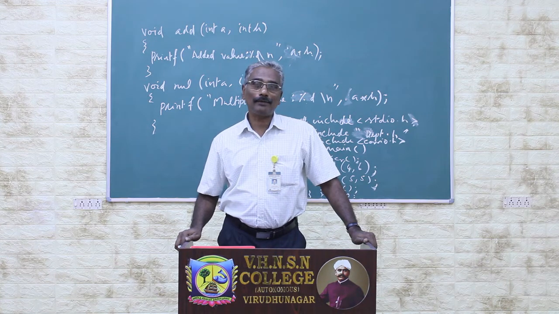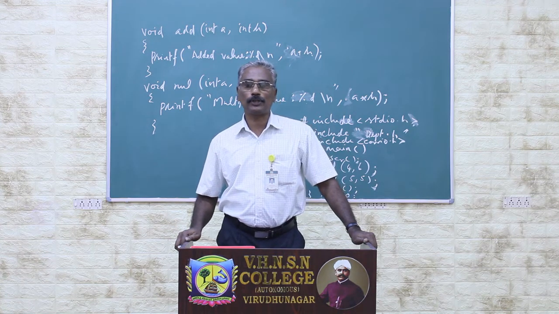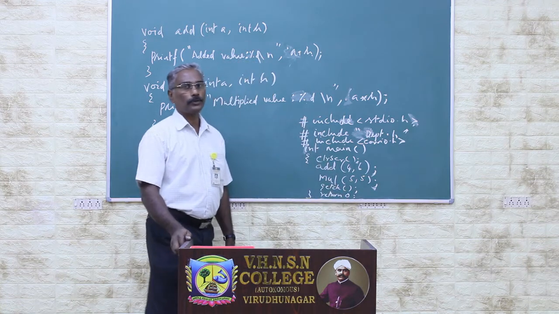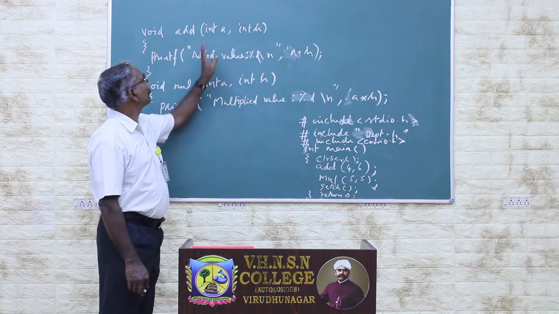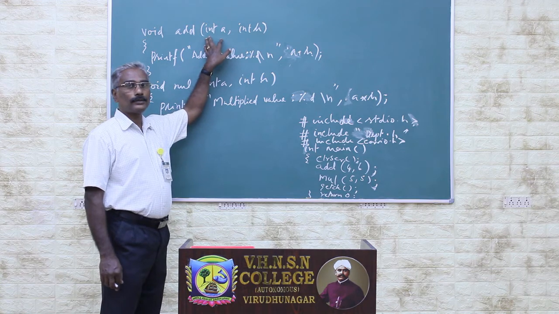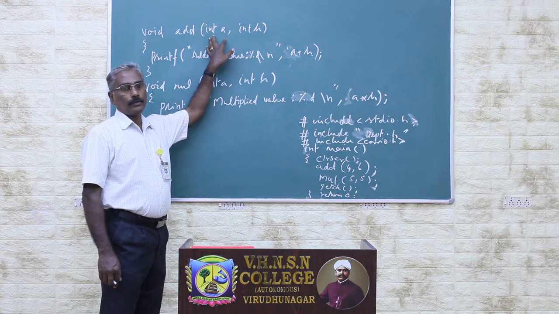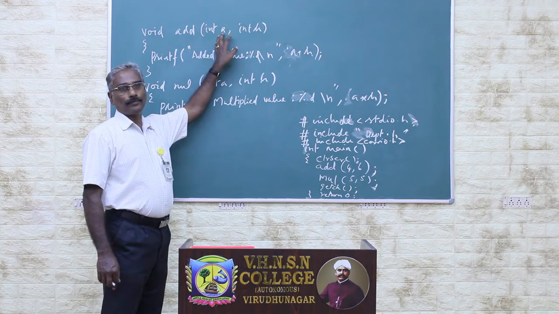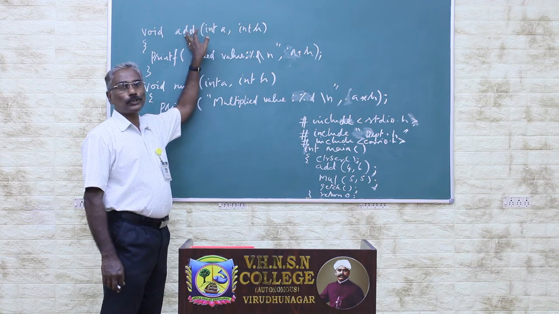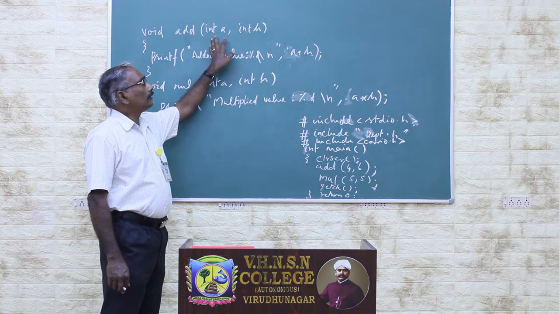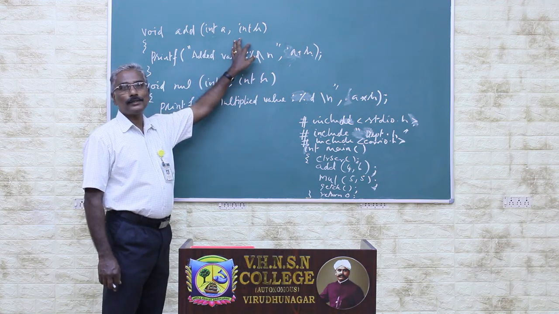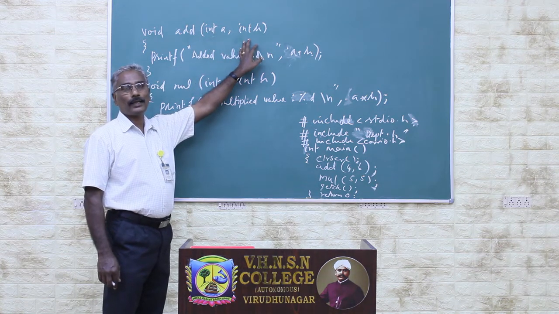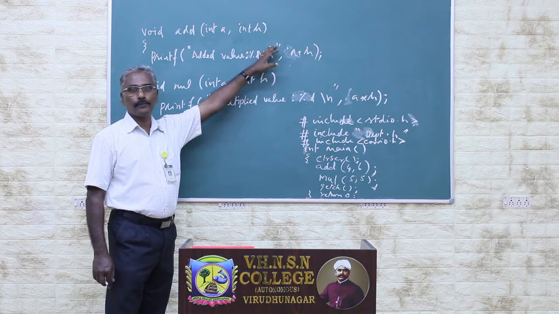So if you are writing the same code in a function, how are you going to write it? This is the way you have to write this function. So void add, where add is the function name, and inside the parentheses you are declaring what is a as well as what is b.